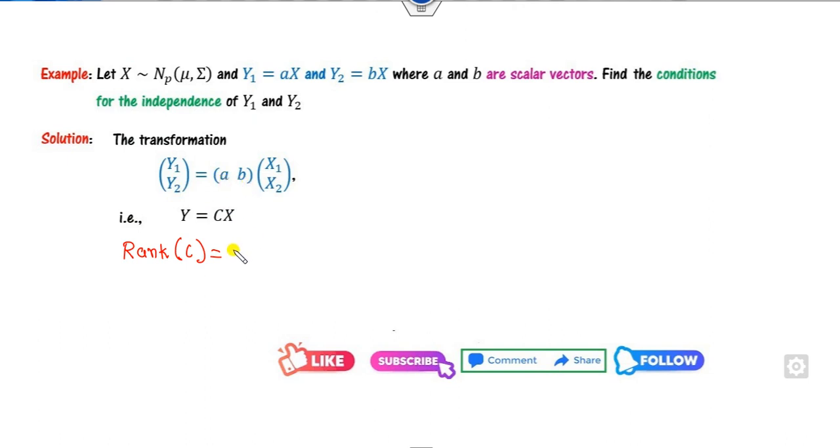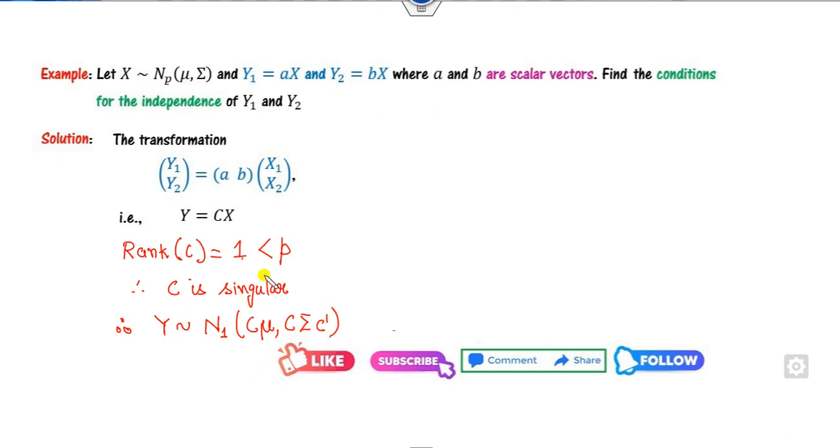Since it is only one row, rank is 1, which is less than this value p. Therefore the matrix is singular. So once the matrix is singular, this y will follow the multivariate normal distribution with this mean and covariance.